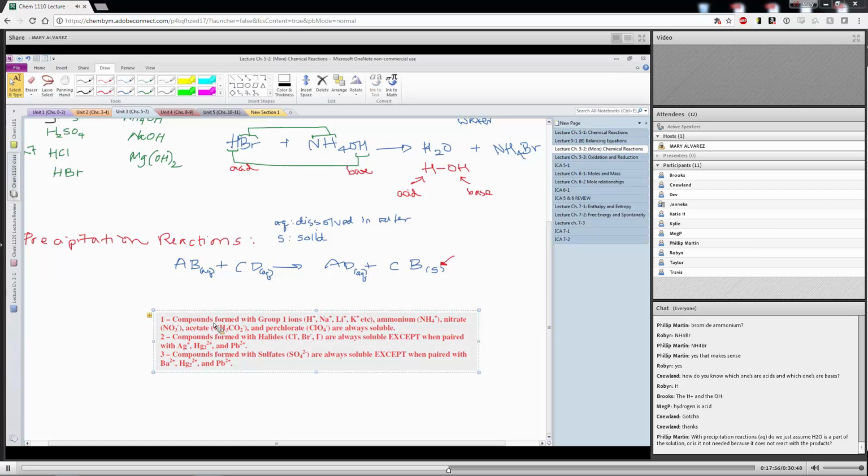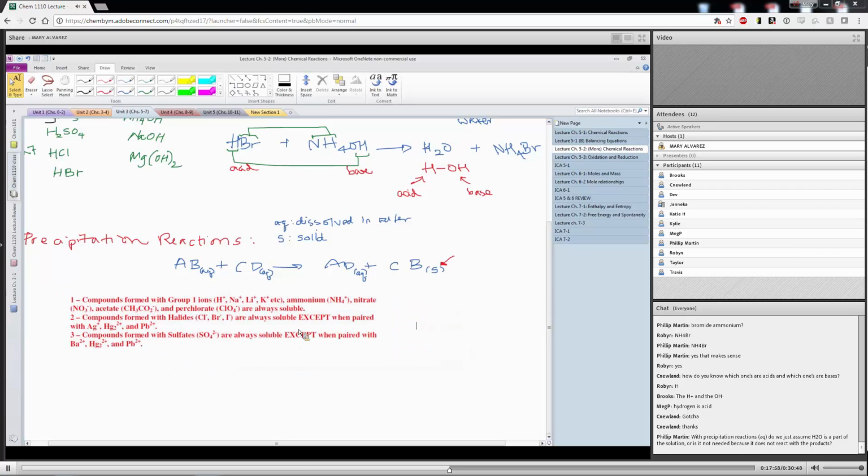These come from lecture chapter 6.3, at least the notes that are labeled as such. Really what we'll find is that almost all ionic compounds are soluble. And these are the rules, and we have to go in order. Number 1 trumps number 2, number 2 trumps number 3. So number 1, anything formed with group 1.